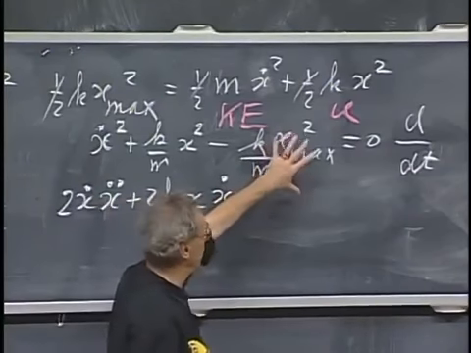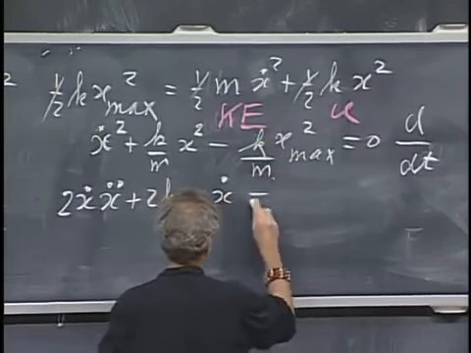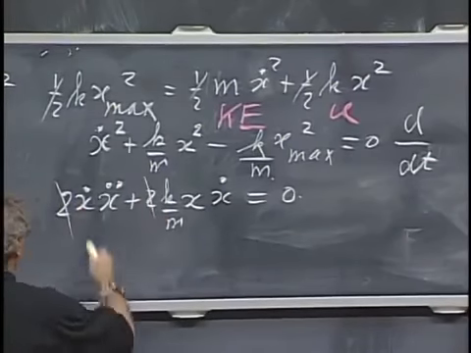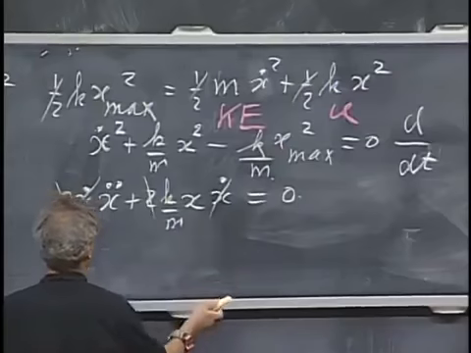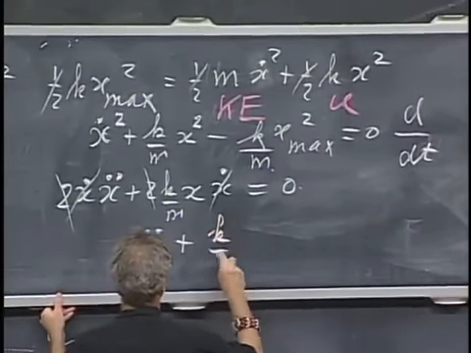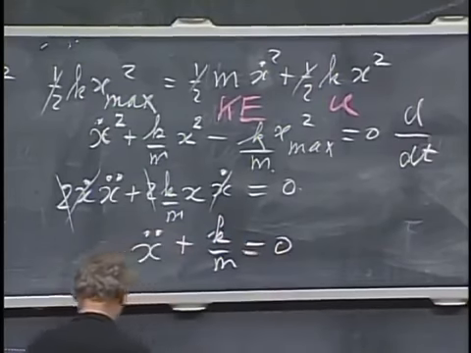This is a constant. That's the total energy when I started, so the whole thing equals 0. I lose my 2. I lose my x dot because it's 0. And what do I find? x double dot plus k over m x equals 0.